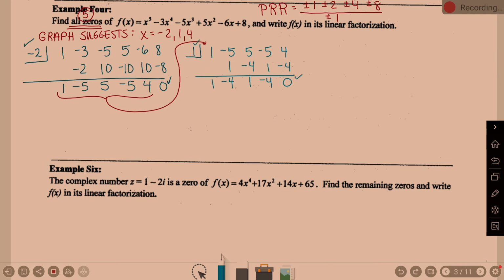So now we've used 1. Now what? Keep trying all that you have, right? Which means now we're going to use 4. What do we use with 4? Our new set, right? Each time you're using the new set. So now I'm going to use 1, negative 4, 1, negative 4.